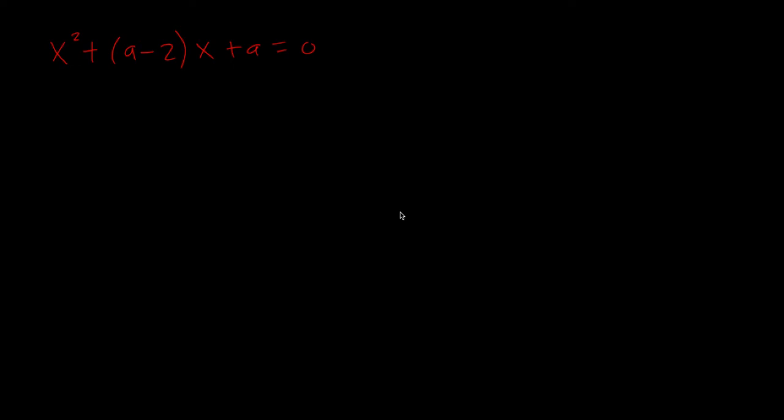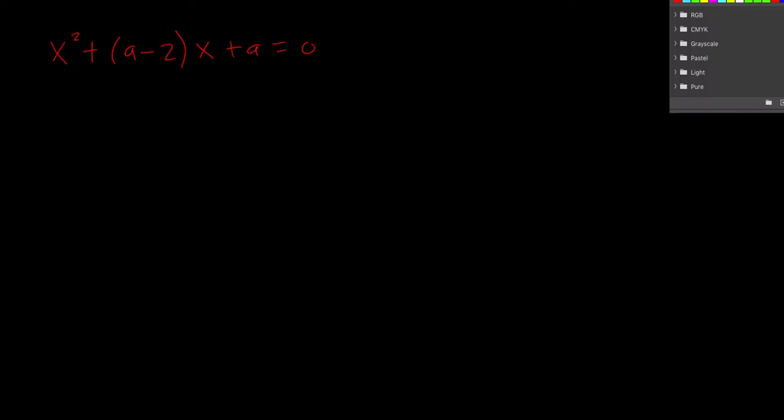So what we're going to do first is complete the square. Okay, so we subtract a from both sides. And then we would divide by a number out here, but we don't have one.